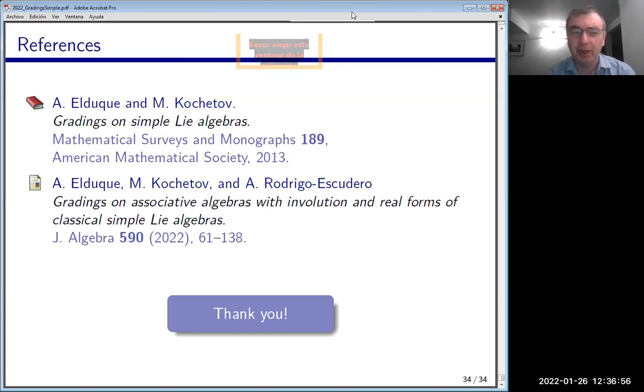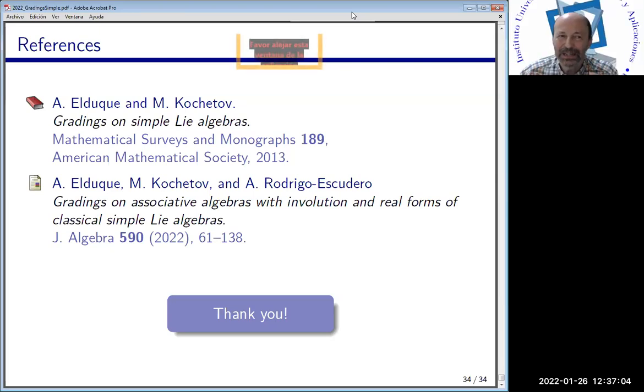I just want to understand whether you have a complete classification over the complex numbers for E8. Oh, yes, for E8 we have the classification of fine gradings over the complex numbers, or algebraically closed fields of characteristic zero. That's all we have: fine gradings in characteristic zero, algebraically closed.